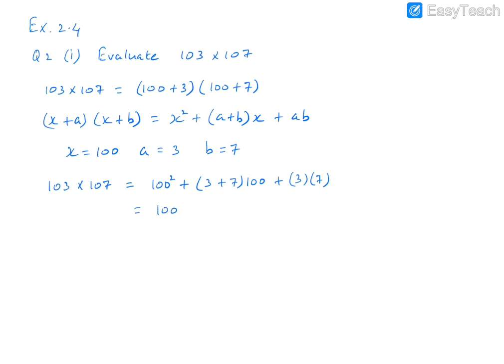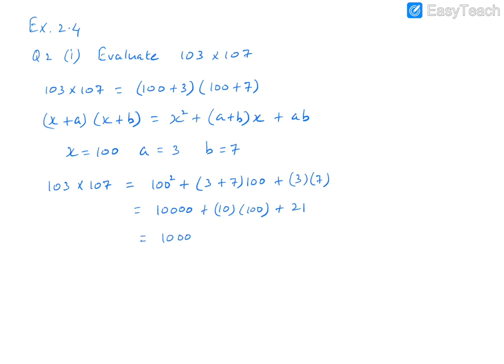So 100 square we know is 10,000. 3 plus 7 is 10 into 100, plus 3 into 7 is 21.